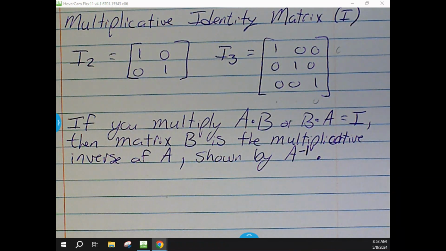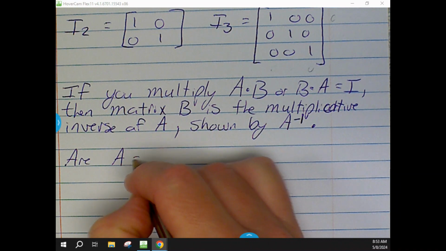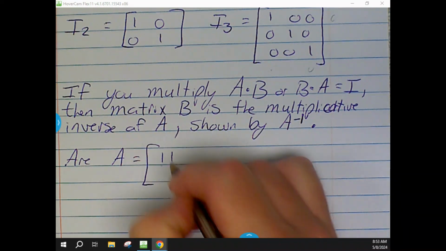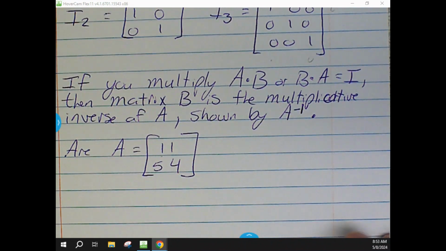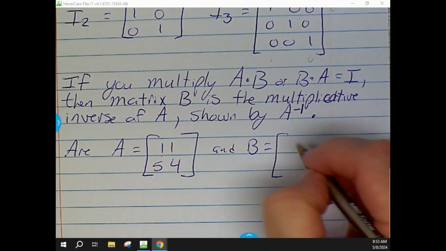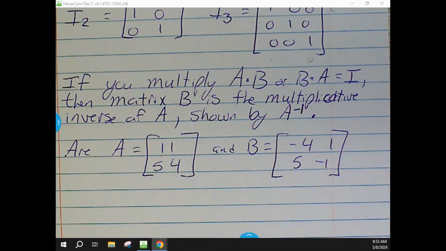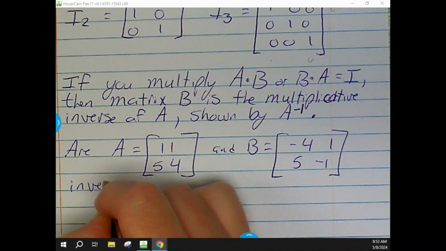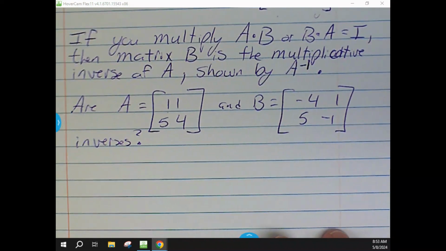Okay, so what we're going to do to start with is give you the easy version of finding an inverse matrix. Our matrix A is going to be 1, 1, 5, 4, and B is going to be negative 4, 1, 5, negative 1. Are these inverses?